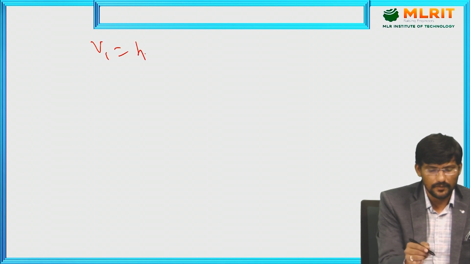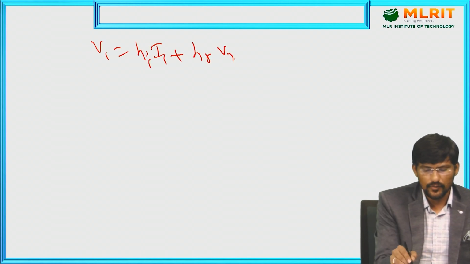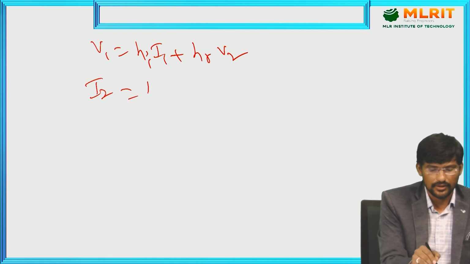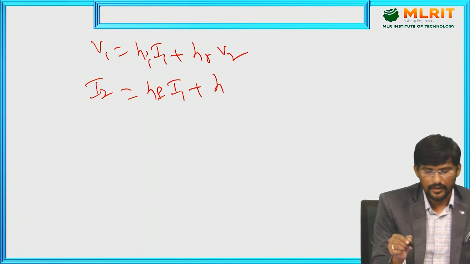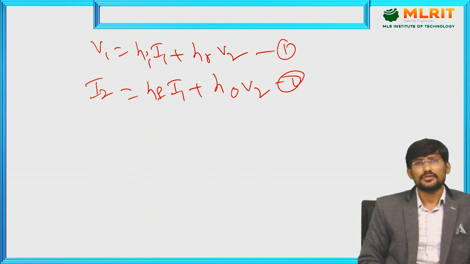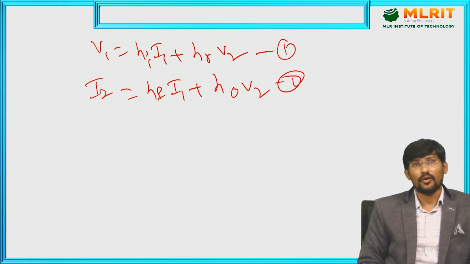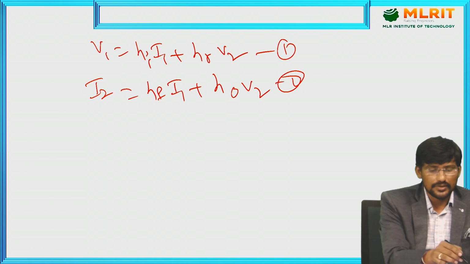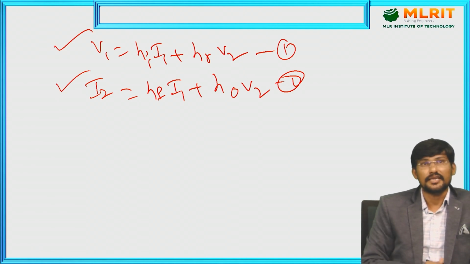V1 is equal to HI I1 plus HR V2. Second equation, I2 is equal to HF I1 plus H0 V2. With these 2 equations we can model the transistor, and it's very important in amplifier analysis. The first equation is a KVL equation, Kirchhoff's voltage law, and the second equation is a KCL equation.